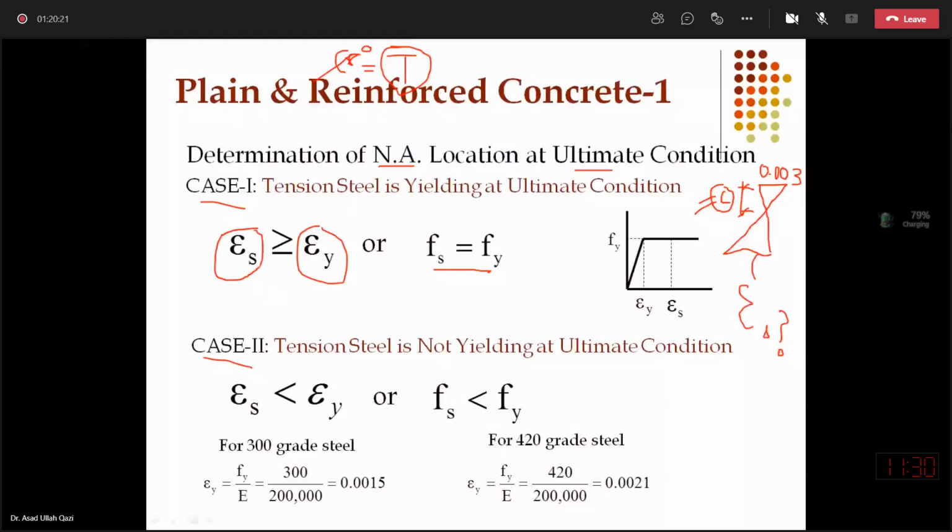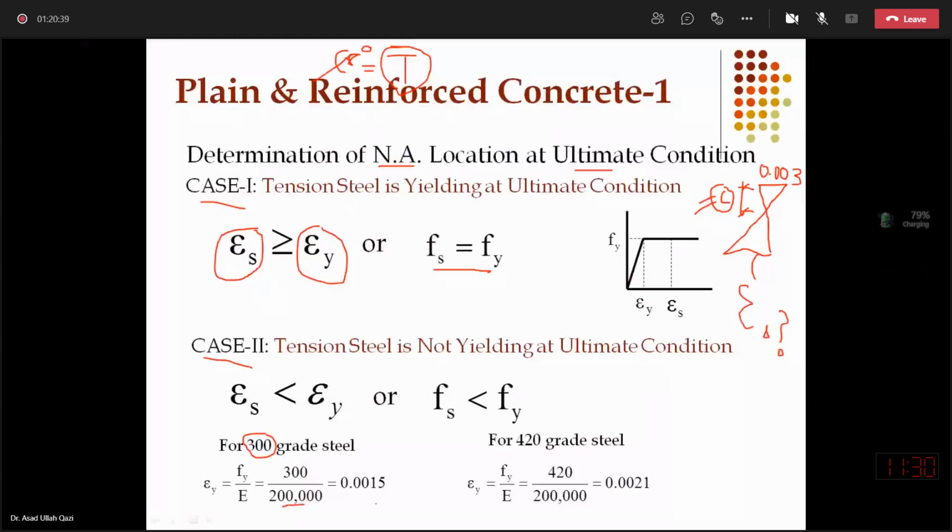To determine the yield strain of steel is very easy. For 300 grade steel, you will divide Fy by the modulus of elasticity, as Hooke's law is applicable, and you will get the corresponding yield strain for grade 300 steel.